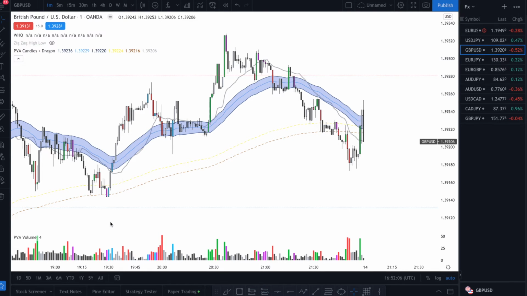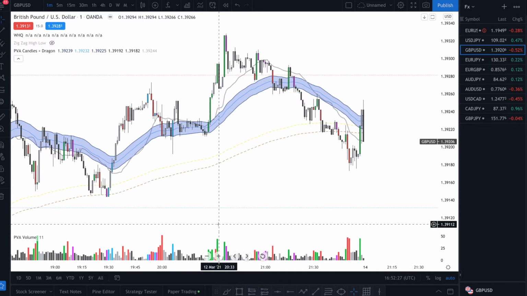As you can see, what this plugin, PVSRA, does is automatically color the candle with the color relative to the volume. Basically, there are 4 colors: red, pink, blue, and green.